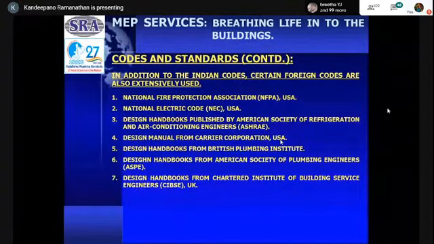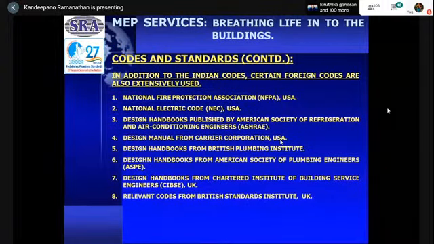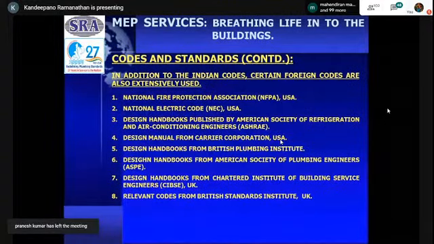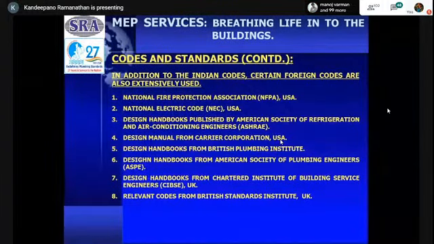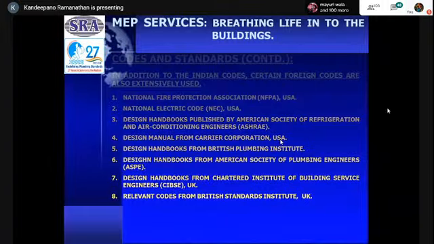It's called CIBSE, where MEP engineers are given membership. Okay, so in effect, a single individual becoming an MEP trained guy is very, very rare in the market. Okay, that we'll see a little bit later. Then relevant codes from British Standards Institutes, UK.